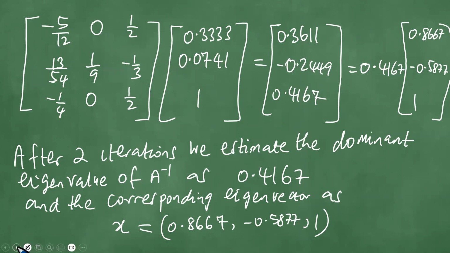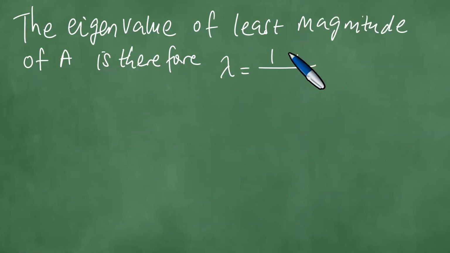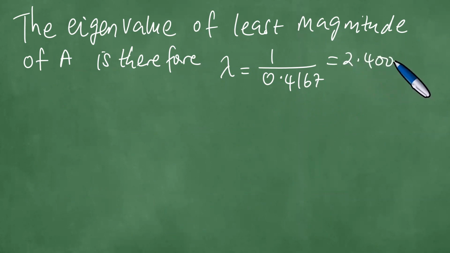It is the biggest one. So now we want the eigenvalue of least magnitude of A. We take the reciprocal, 1 over 0.4167, and this is 2.4 like this.